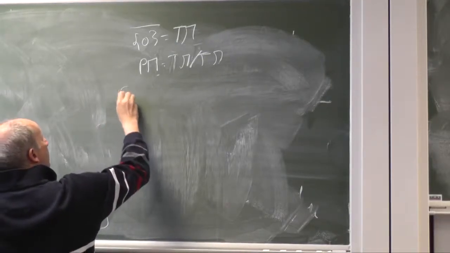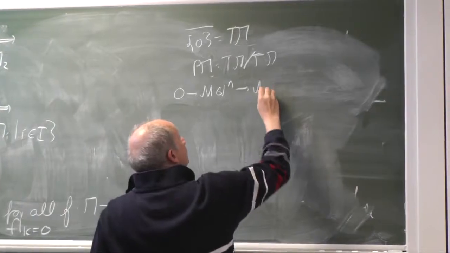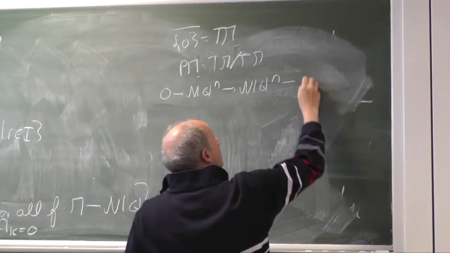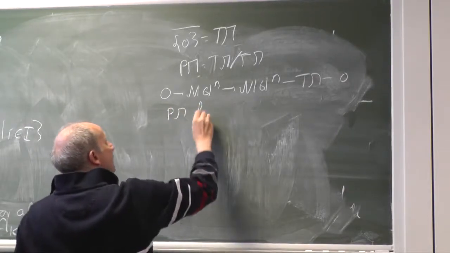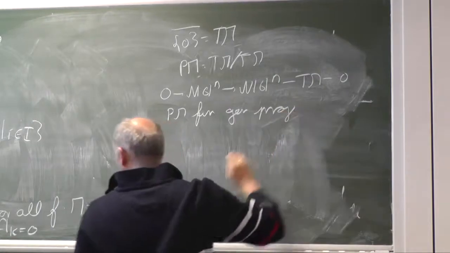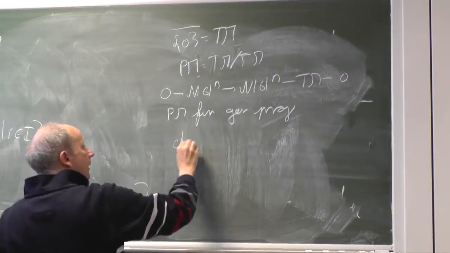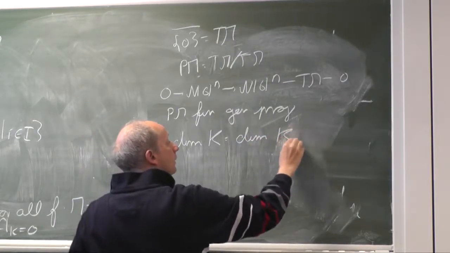Then it turns out that you also have a resolution of the torsion part. Dm is finitely generated projective. And here the conclusion is that the dimension of the closure is the dimension of the thing I started with.